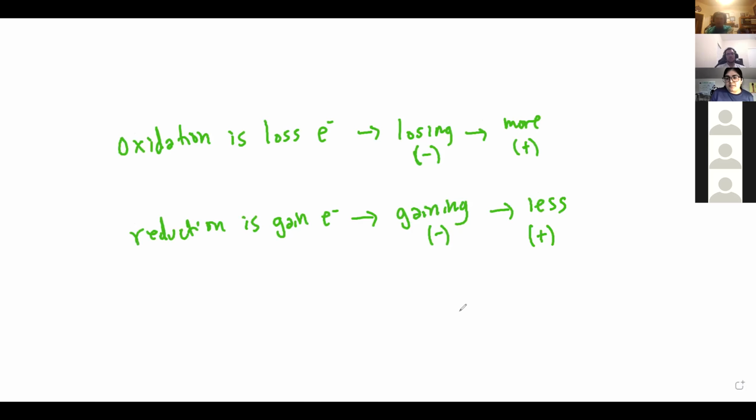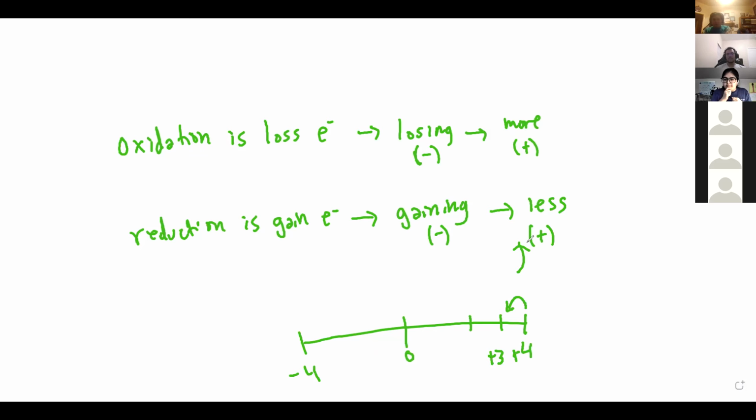That has to do with the number scale. So this is 0, let's say this is +4, and this is -4. If you go from +3 to -4, you're getting, quote unquote, more negative, or less positive. So then you're being reduced. Does that make sense?